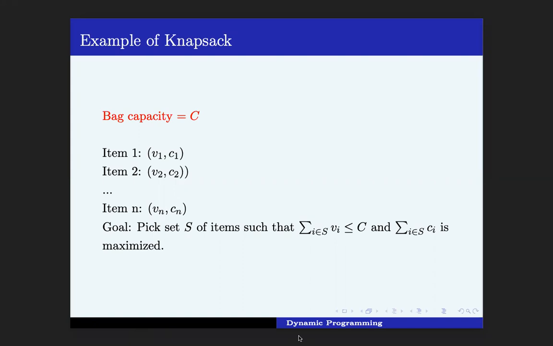This is exactly what you do when you are traveling. Maybe the volume becomes the weight. In a flight, you cannot take a bag more than 25 kg. So you have an upper bound. In that bag, you can pick only 25 kg of items, or 20 kg, whatever that upper bound is.